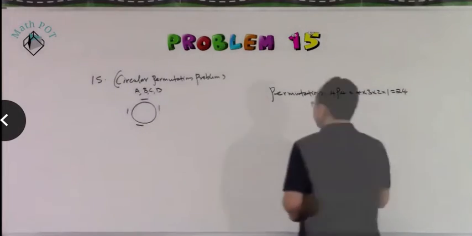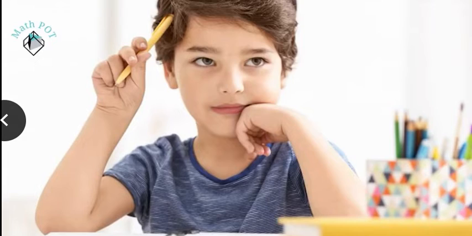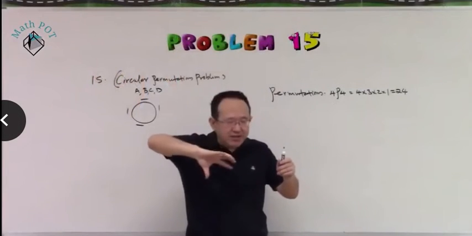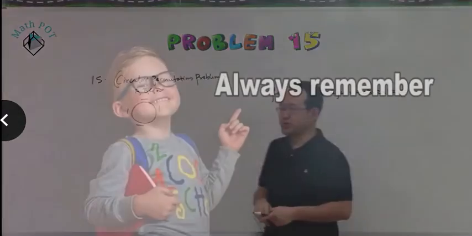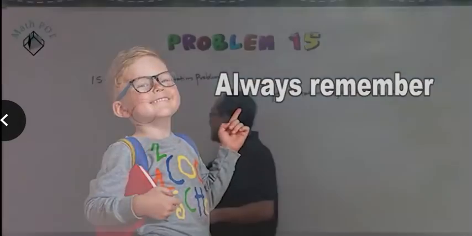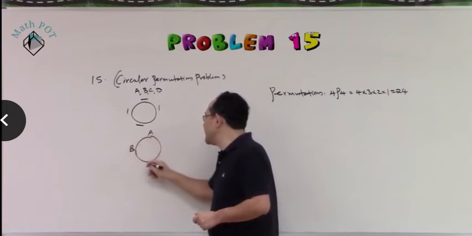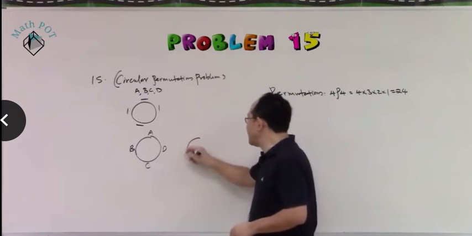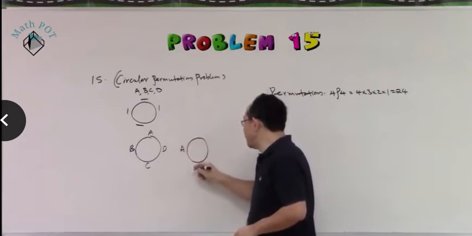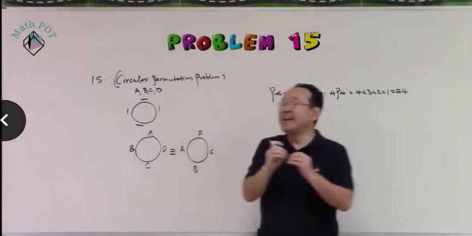For any circular permutation problem, once you figure out one answer, if anybody makes a rotation, we will not count a new answer. Always remember this one. If we have one answer, A, B, C, D, and anybody makes a rotation, of course, we will end up with this A, this is B, this is C, and this is D. We treat those answers as the same.